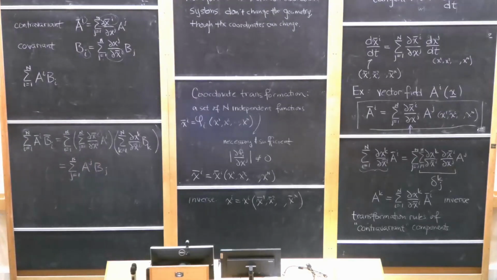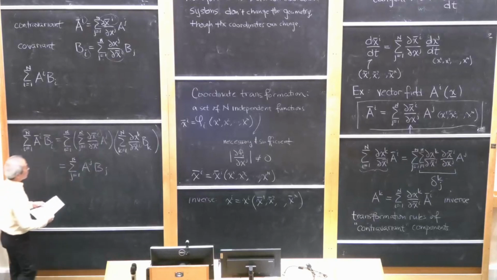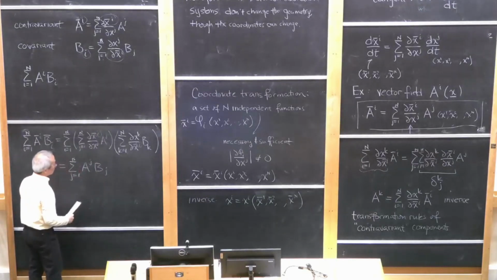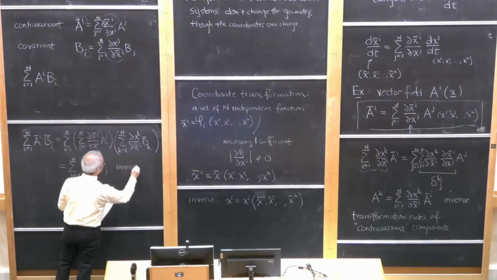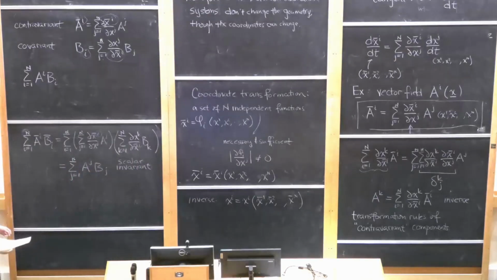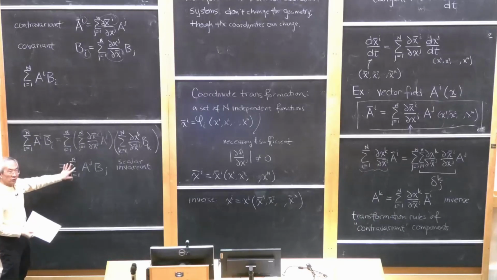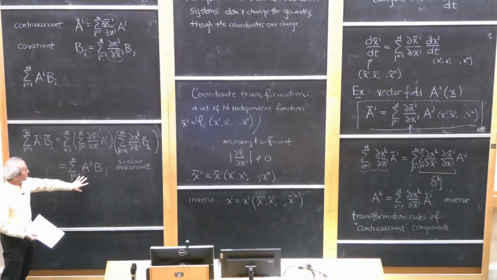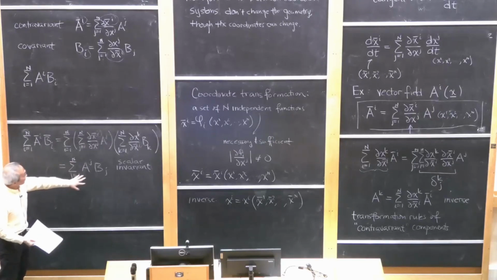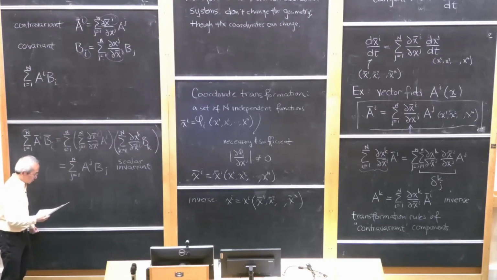In other words, you did the transformation, and this is invariant, sometimes called a scalar invariant. If you're talking about symmetries and relativity, this is where this kind of thing will pop in. You've done a transformation, and you have a property which remains the same.